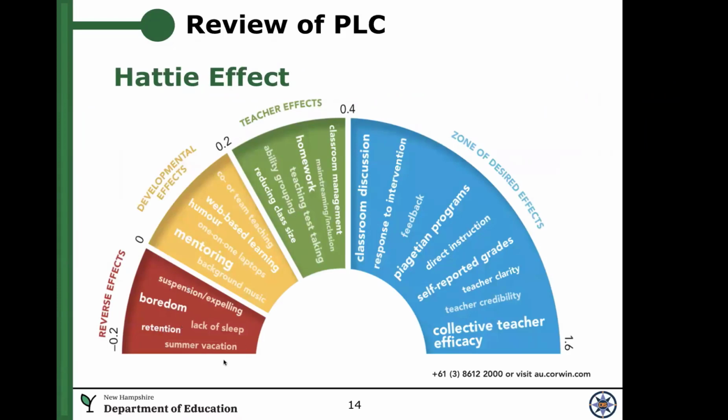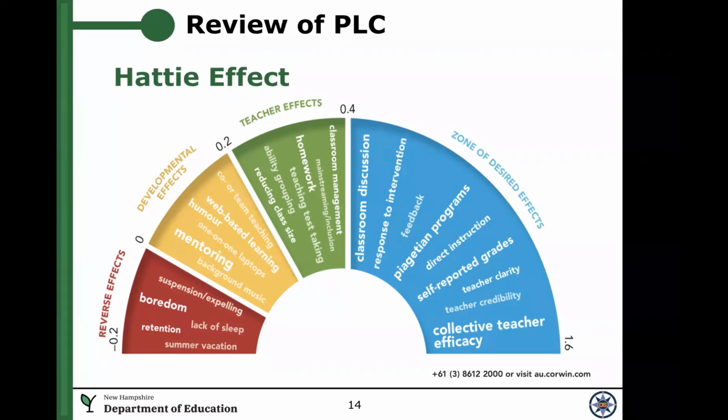These zones, these particular things, have a negative or reverse effect on learning. And as we go up through, they start to have more of an effect on learning and a positive effect on learning, right? These are negative effects on learning. These are positive. So he saw that suspensions or expelling students, obviously lack of sleep, have a reverse effect on learning.